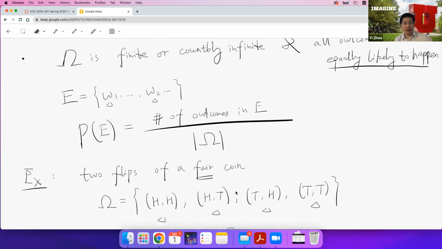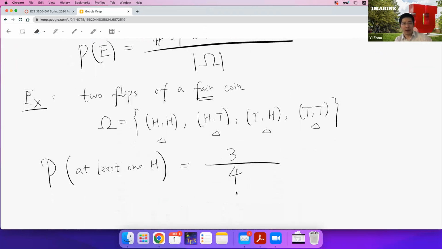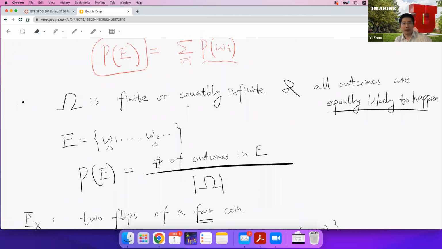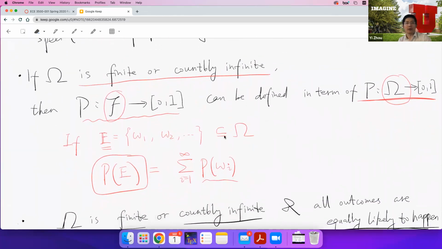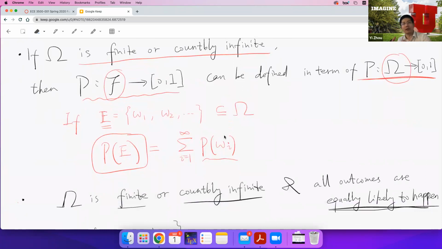This is an example where every single outcome has equal probability to happen, and the omega set is finite. So these are the 2 special cases where the classic probability theory actually meets the modern probability theory.